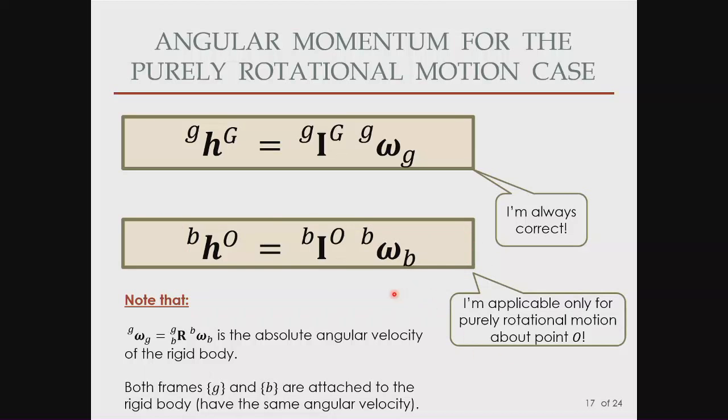Is it possible that frame G and frame B are essentially the same frame? Yes, it's possible that they are co-oriented by choice. So you could have, say, this frame G passing through, say, the center of mass, and just doing the same thing as this frame B. Could be or not, depends on your needs.